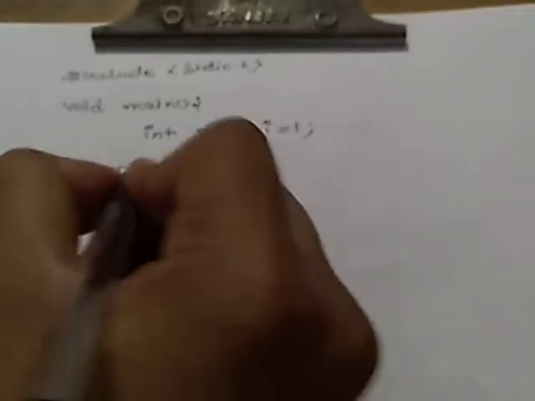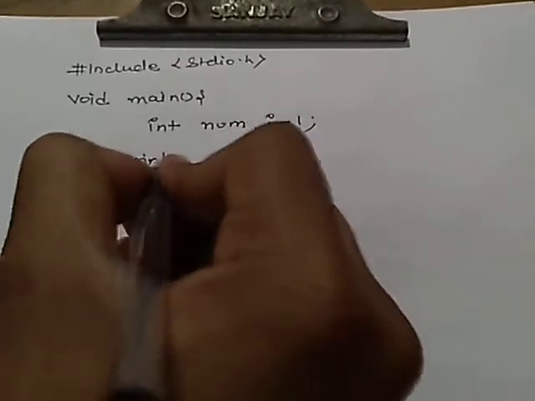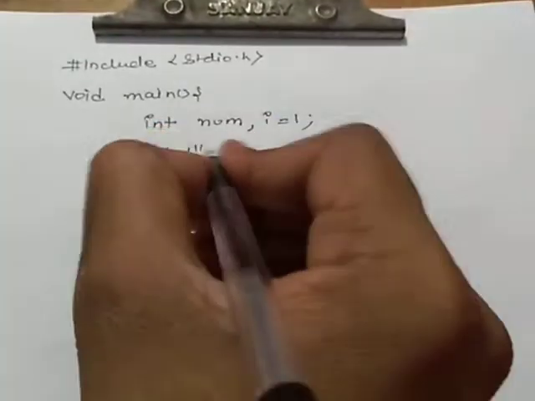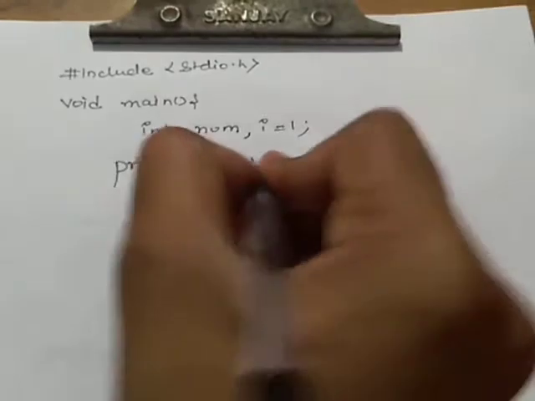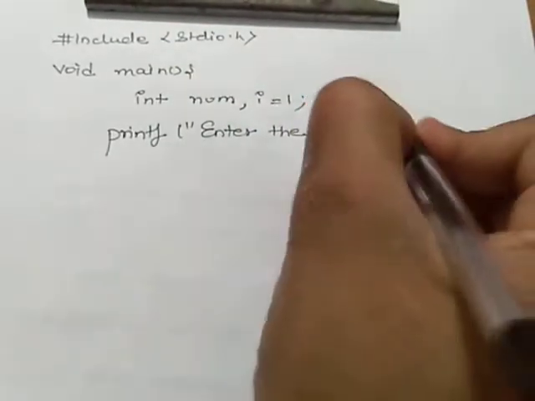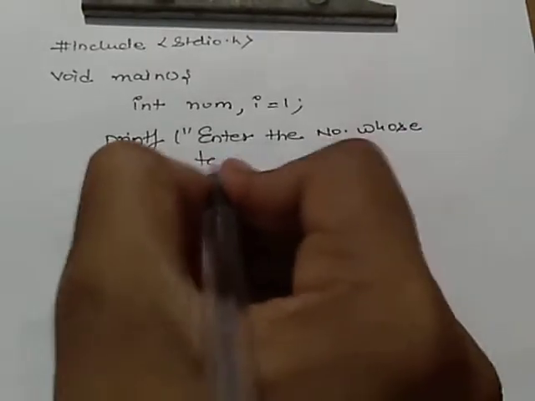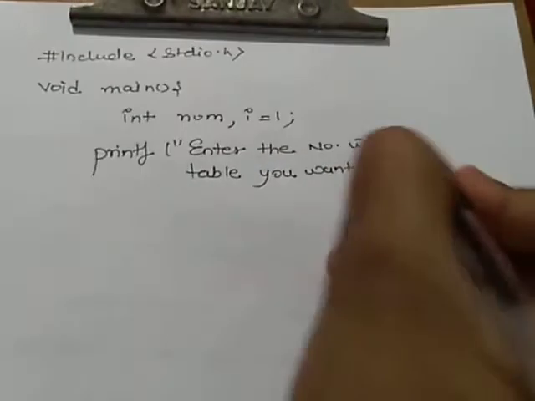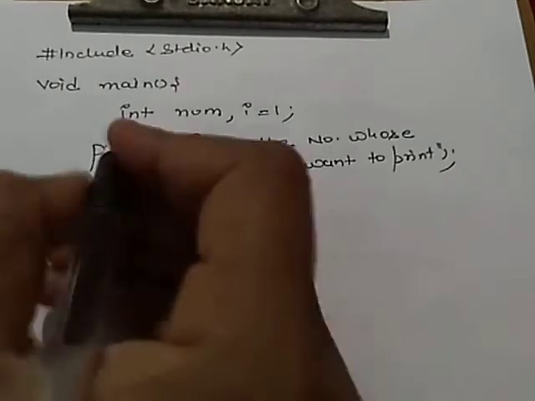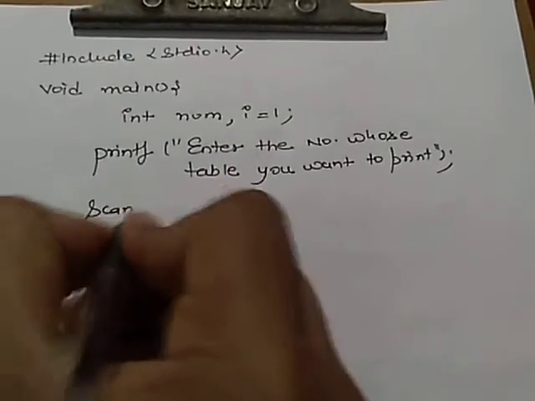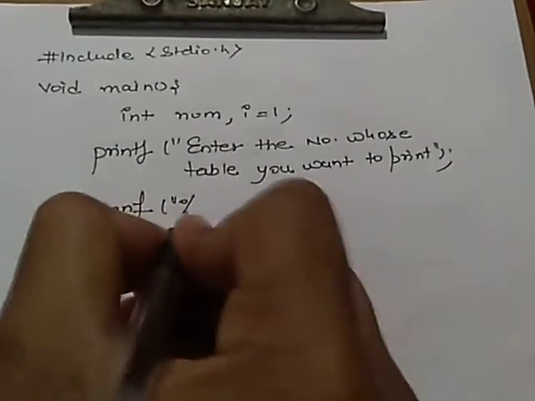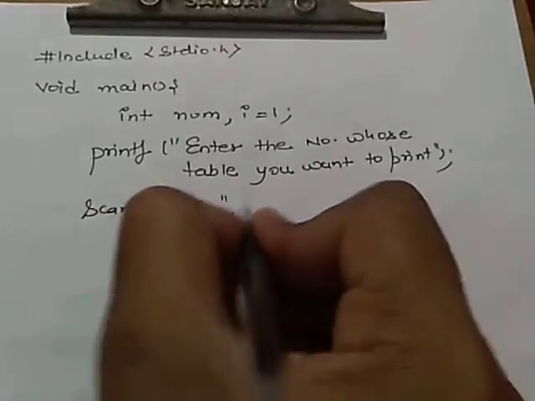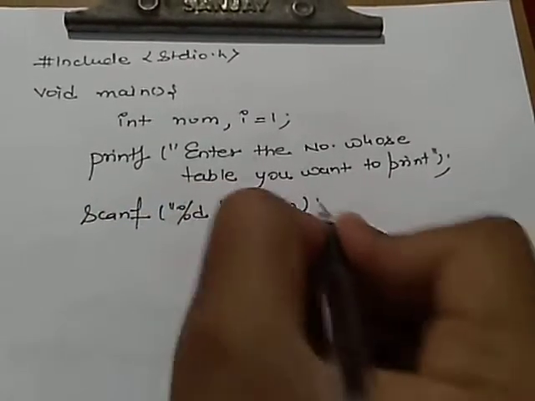Now printf: enter the number whose table you want to print. Now scanf %d, address of num.